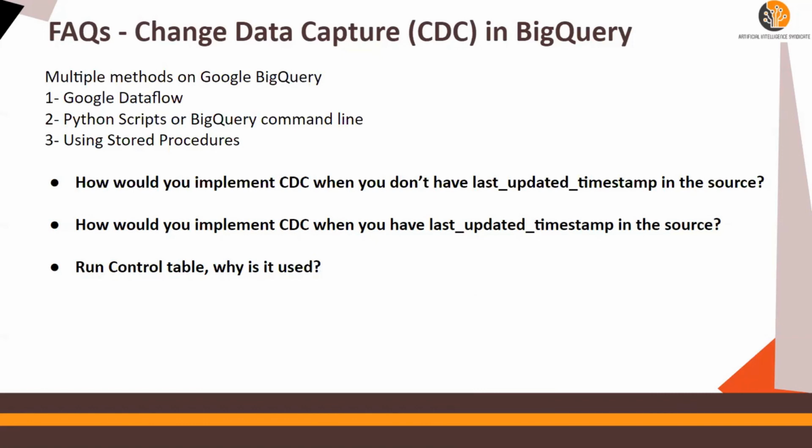That could be a problem because when you are pulling the data and the stored procedure is running the first few statements, what if the source gets updated, if it's a constantly changing source? So all those nitty-gritty implementation details you can take a look at, but that is how the run control table can help you identify the last time it was run, and then run the delta, which is the number of records changed after the last time run.